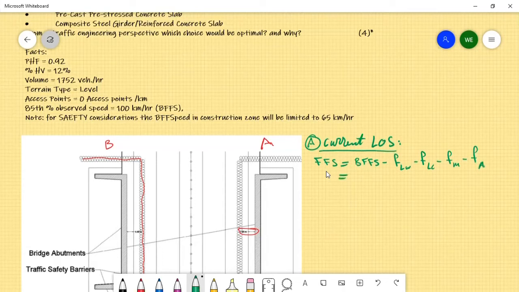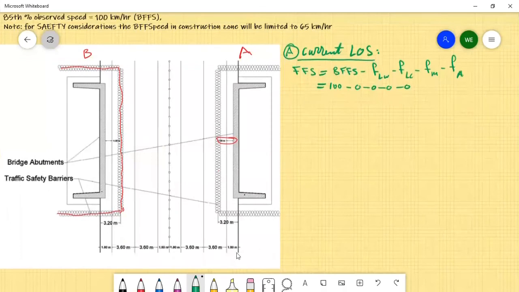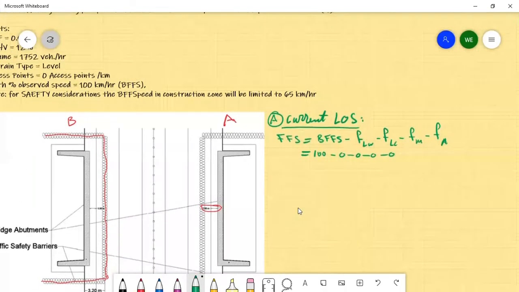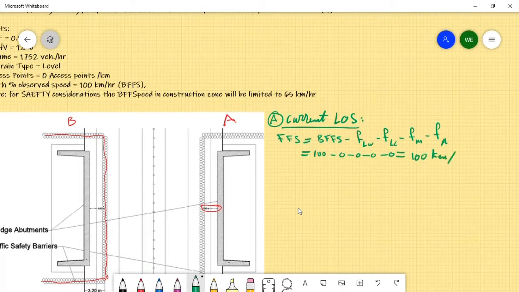So the basic free flow speed is 100 kilometers per hour minus 0 minus 0 minus 0 minus 0, because we can see here the cross section, that's a profile. There's a barrier between the two, there's a median, and we have 1.8, 1.8, everything is perfect. So the free flow speed in our case will equal 100 kilometers per hour.